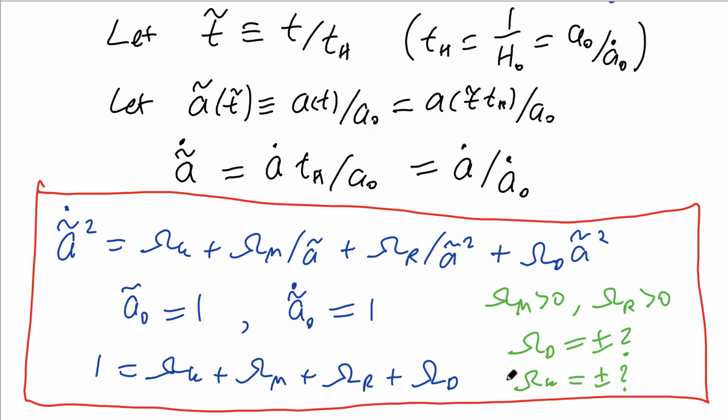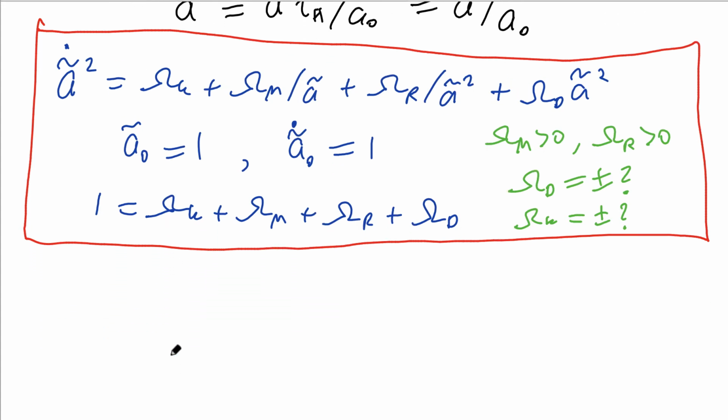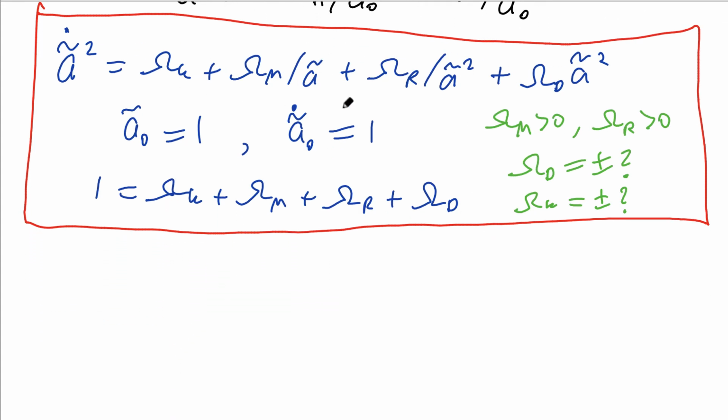A positive value of omega k corresponds to an open universe where space is a hyperboloid, and a negative value of omega k corresponds to a closed universe where space is a sphere. We can deduce the qualitative behavior of different types of solutions by rewriting this equation. Let's multiply by 1/2, and let's bring these three terms over to the left-hand side and call these U effective.